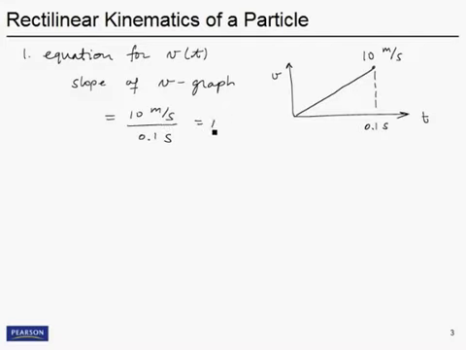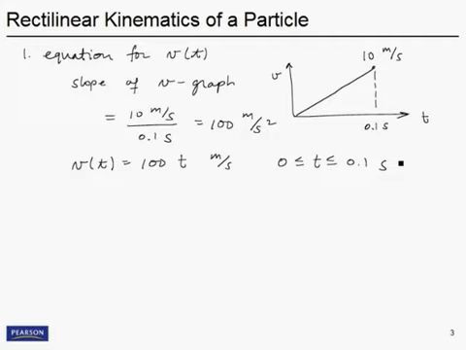That's equal to 100 meters per second squared. And what this indicates is that V of t is just equal to 100t, in meters per second, and that is valid for t from 0 to 0.1 seconds. Okay, so that's our first equation.